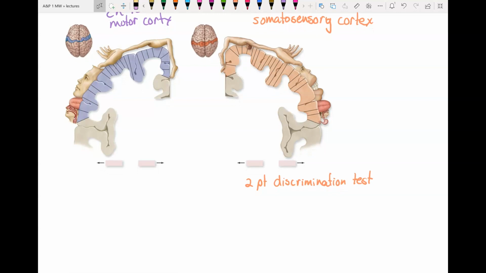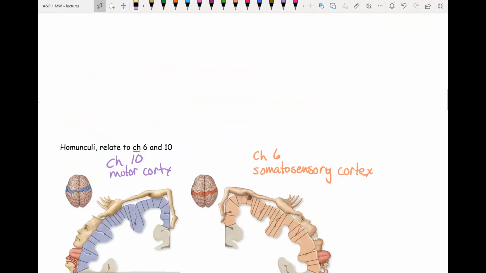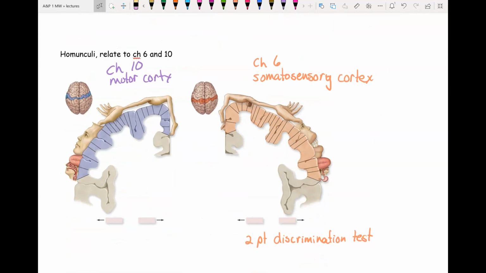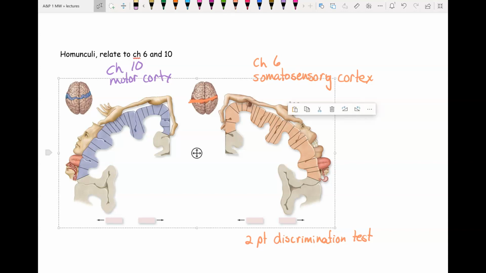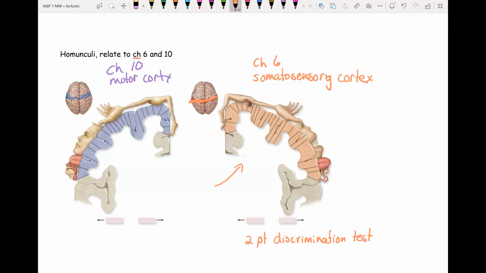So on your brain, all those signals, when you were poking your lab partner, they were going right here to that somatosensory cortex on the brain. And the brain has a map of the body. For example, if you poked your lab partner on their elbow, that signal came into their brain and went right here to this part of the brain.